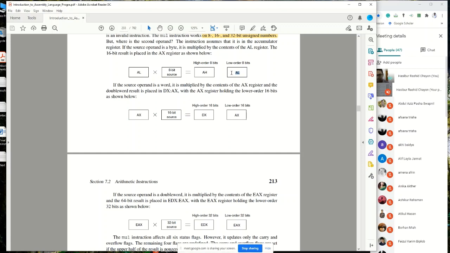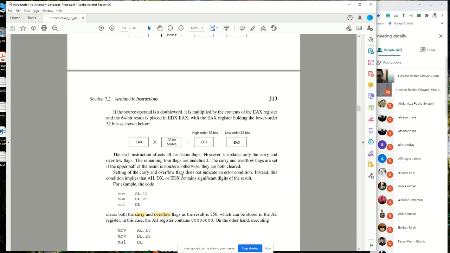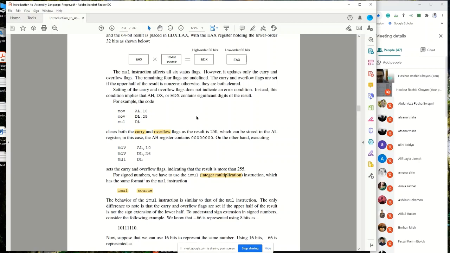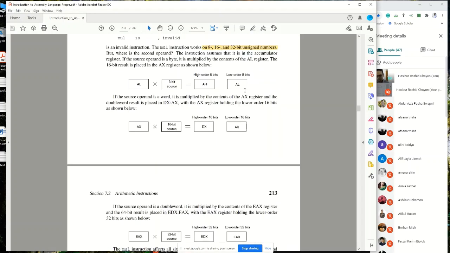Because the AL register can store 250, right? Easily. So that's why our two flags, the carry flag and overflow flag, will not be activated, because the result we are storing into the AL register, the lower part, is 250, and it is enough for the AL register to store that number. We don't need any bit from here.